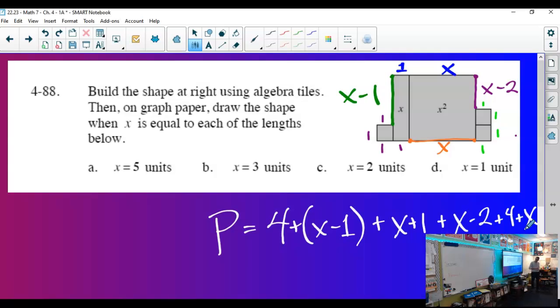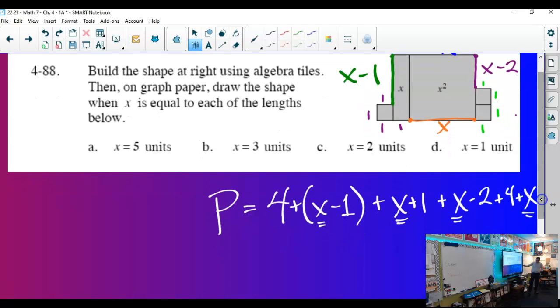Now guys, I could honestly just look at what I've written up here since I labeled all of this. How many x's do we have? Just anybody. 4. 4! And if I look here, 1, 2, 3, 4. So really, I got 4 x's.